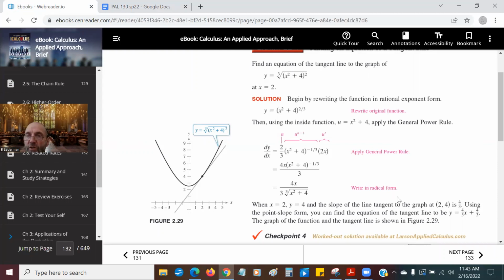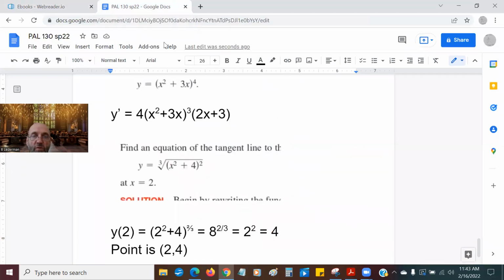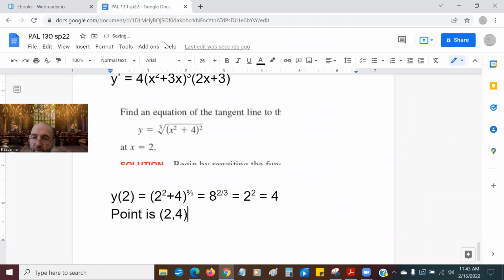So now if I use the point-slope formula, I get y minus 4 equals 4/3 times x minus 2. I'm just going to write here that m equals 4/3. Somehow we magically know that. And again, you can get that by plugging that in. But what I want to do here, hold on one second, please.